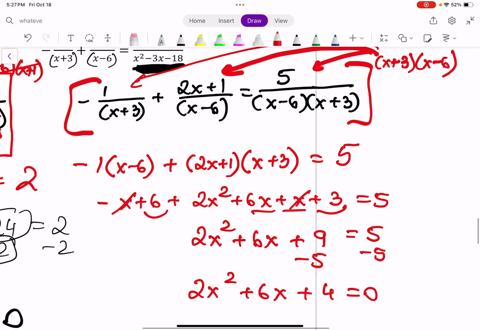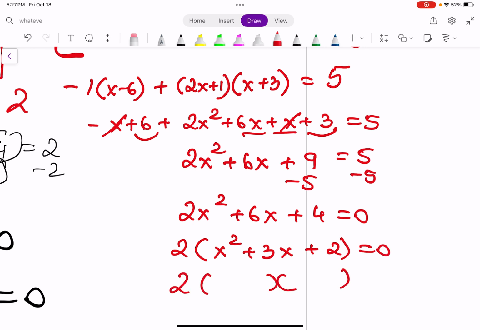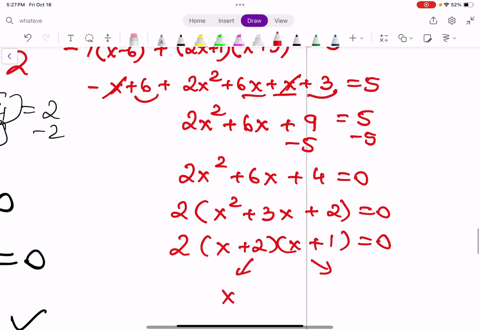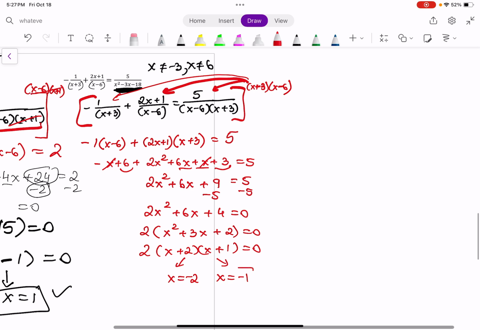Okay, so let's see what we can factor here, and this time we can factor out a greatest common factor of 2. And then think again about numbers that multiply to 2 and add to be 3, which are 1 and 2. So the two choices I have, x is negative 1 and x is negative 2, and they're both acceptable answers.